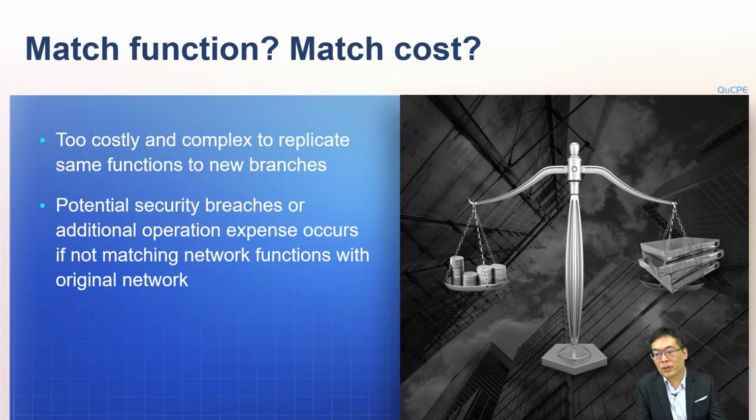We have to downgrade our service. We have to compromise between the cost and the service. But what actually comes after is the additional security issues, the potential security issues, or additional resources for your daily operation that you are wasting on this kind of deployment.